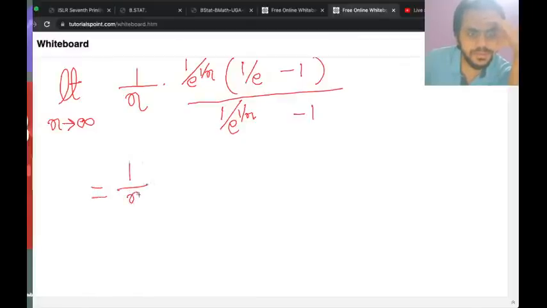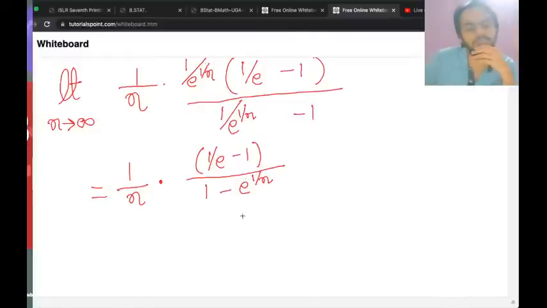I've directly multiplied e to the power 1 by n to the denominator as well as the numerator.